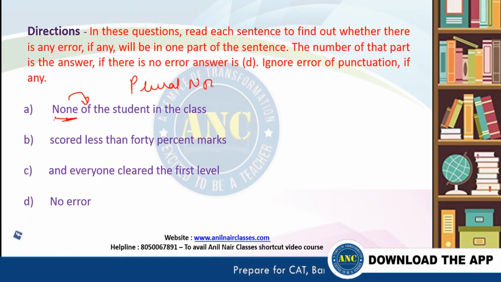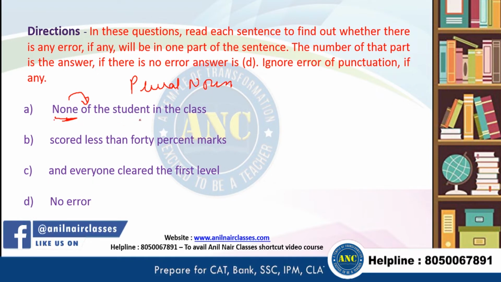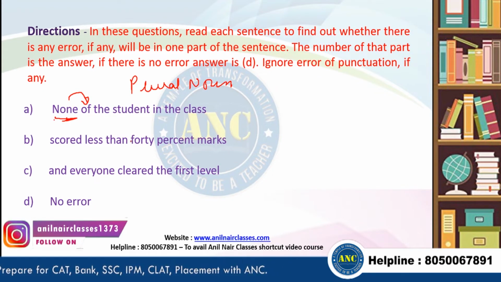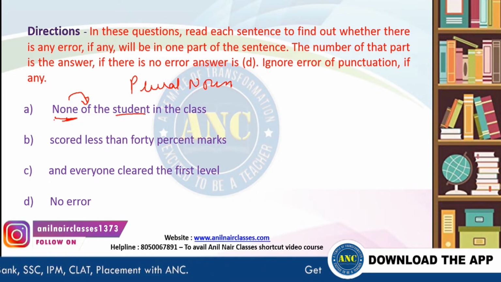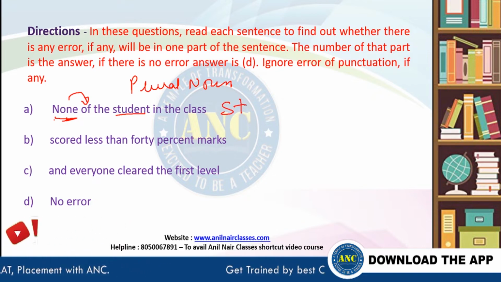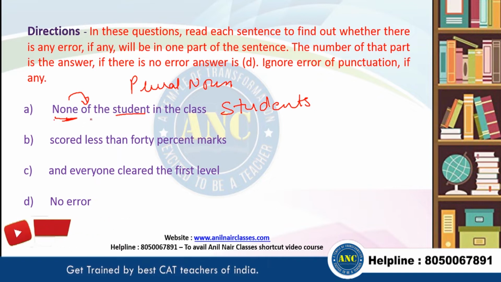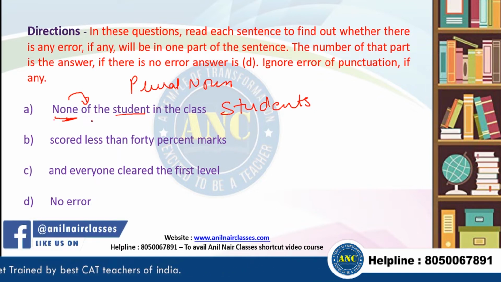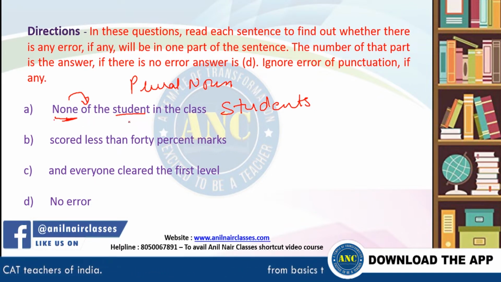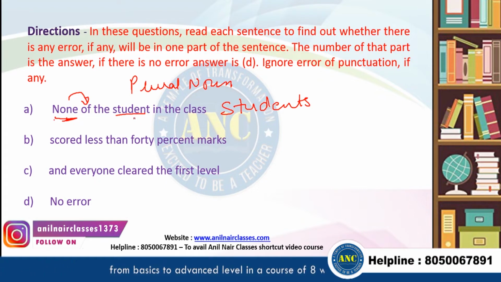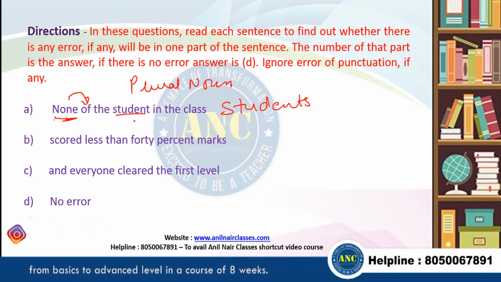We are actually looking forward to see a plural noun. None out of many. You cannot have none out of one, right? So this needs to be students. We actually wanted the word students over here, because after none, if you have a prepositional phrase, the object of that prepositional phrase should always be in the plural form. So we actually need a plural noun over here. We don't need a singular noun student over here.